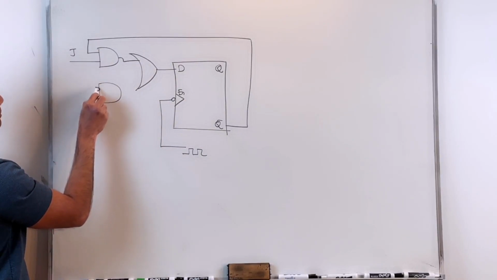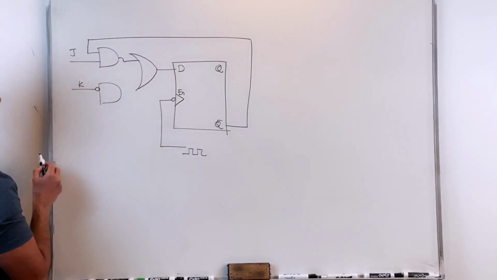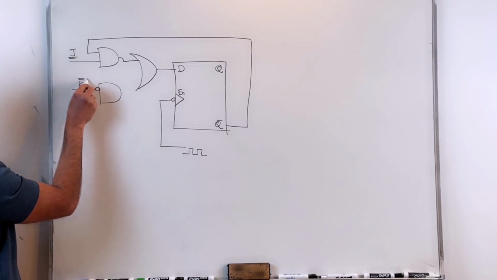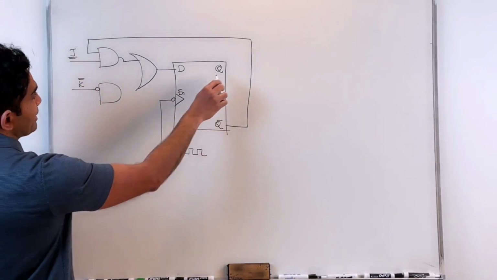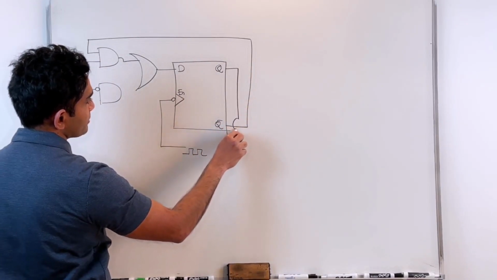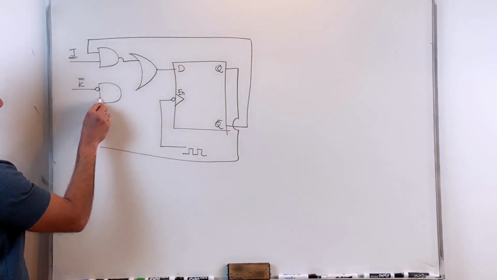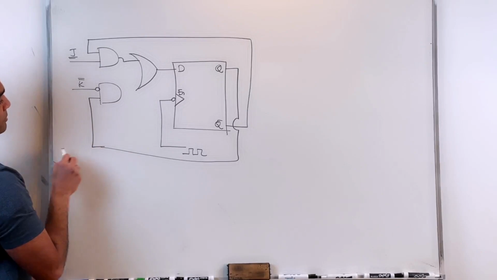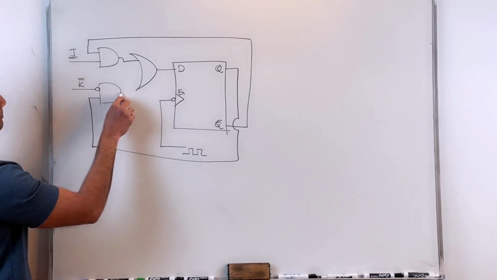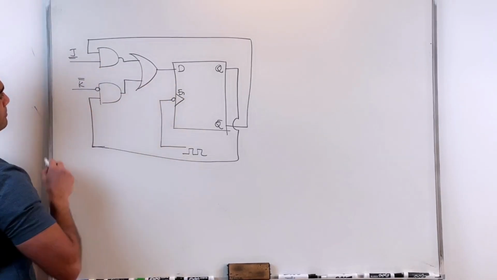And call this K. These are some inputs, I'm designating these as some inputs. And I take this feedback again. Take Q, apply as one of the inputs to this AND gate, and have this.